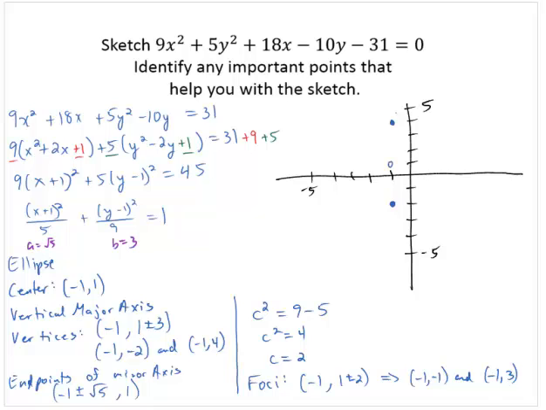Our endpoints of the minor axis are at -1 plus or minus the square root of 5. Well, the square root of 5 is a little bit more than 2. So -1 minus a little bit more than 2. So go over a little bit more than 2, and then up 1. And then to the right a little bit more than 2 units.